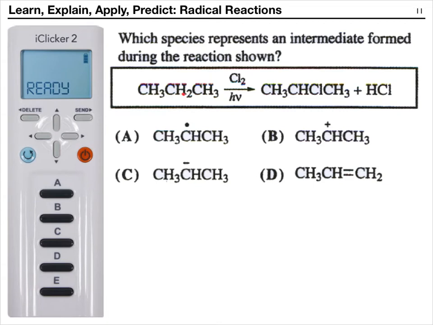I see one of these hydrogens is going away and it's substituted for a chlorine. Then you have to look at the conditions and say, is this a radical, a carbocation, a carbanion, or am I starting with an alkene doing an addition? So the correct answer is A, because it's in the context of what you've been learning. It's a radical substitution.